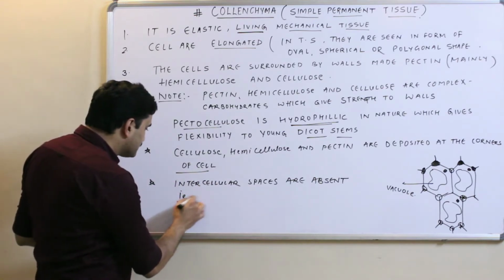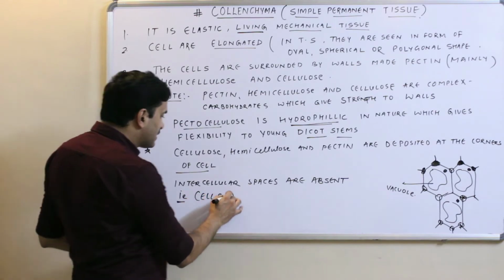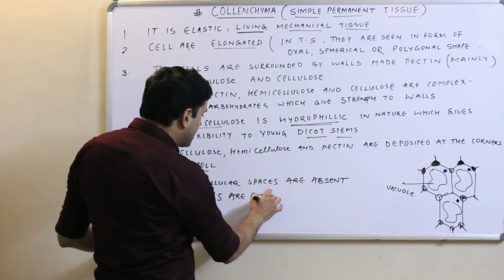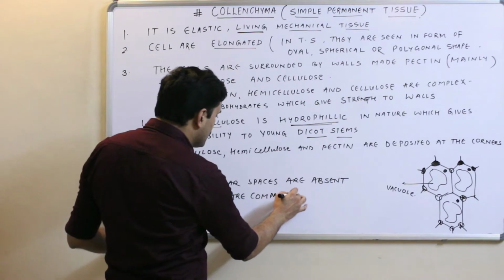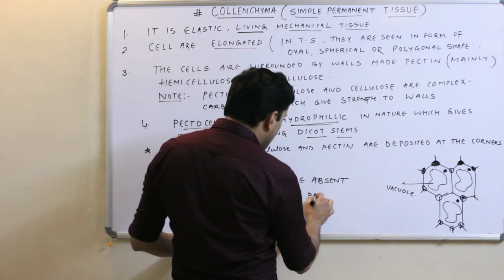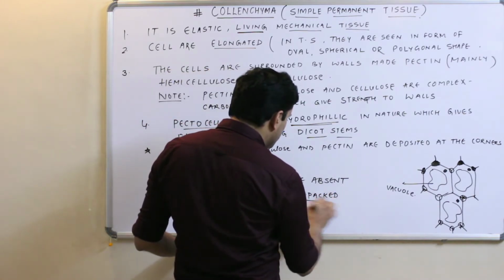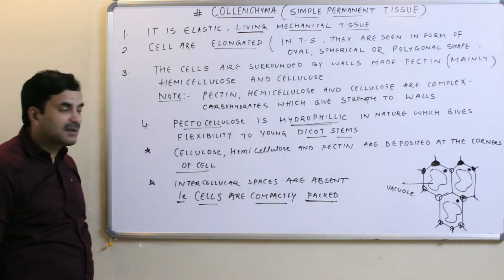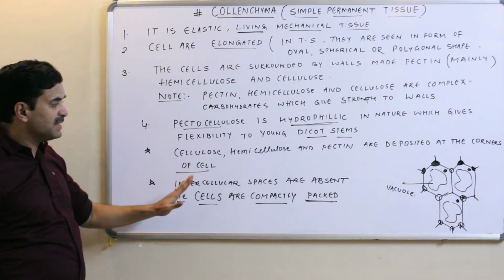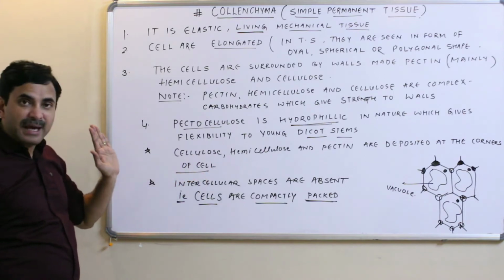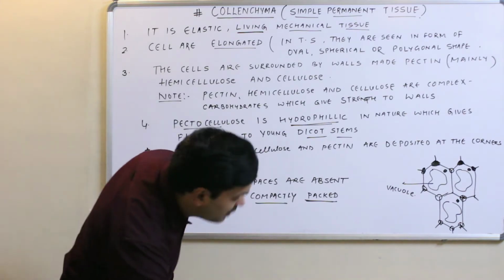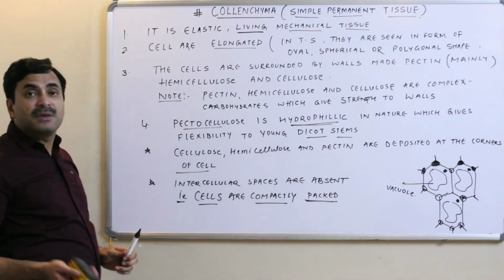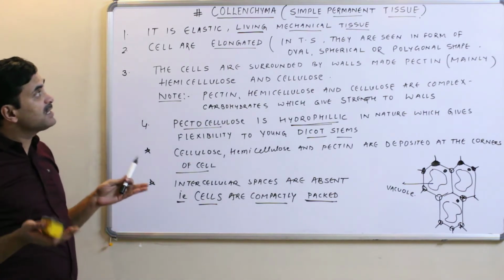That is, cells are compactly packed and no intercellular spaces are present. No intercellular spaces means intercellular spaces are totally absent. Are you getting?